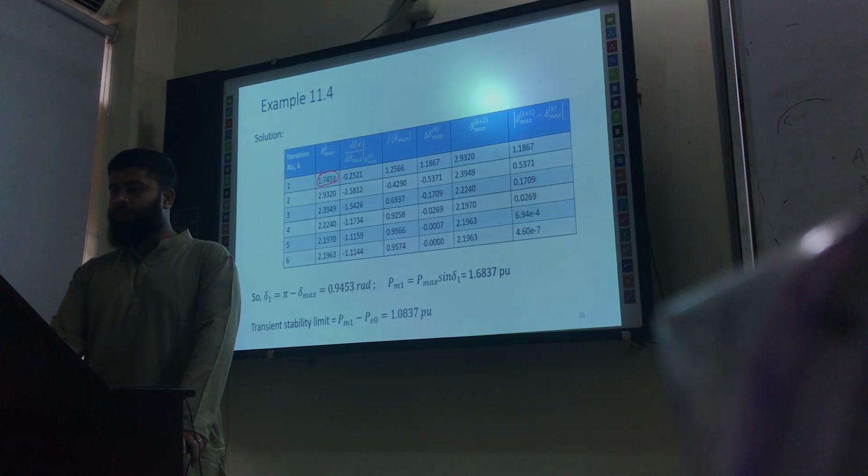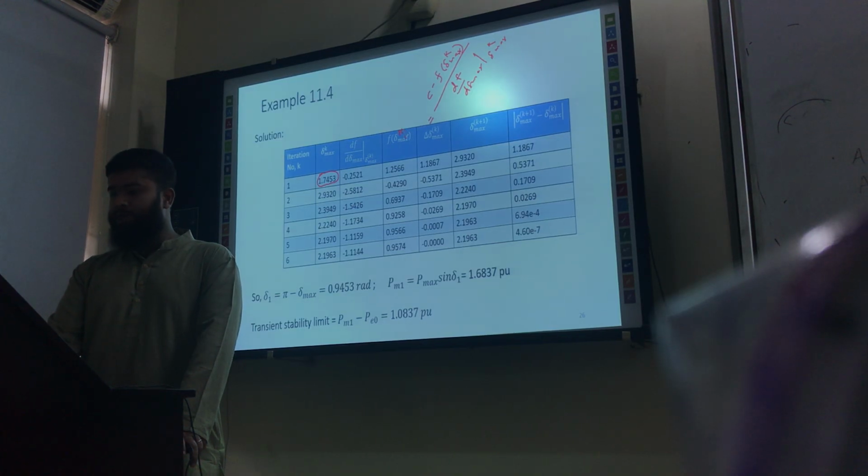Then in the next column you have to calculate this, because you have to calculate delta max new, which is delta max k minus f of delta max at that k value, right? And in the denominator it will be df over d delta max evaluated at delta max k, right? That's why you have to calculate this thing. Also you have to calculate this, this should be k, right?